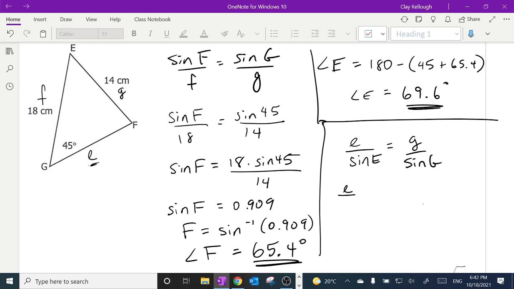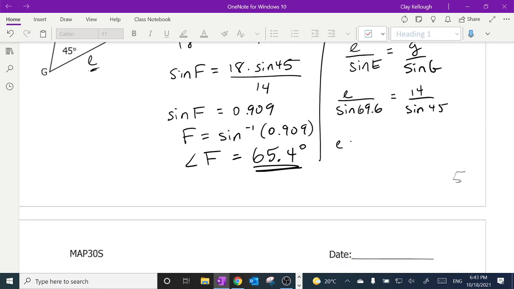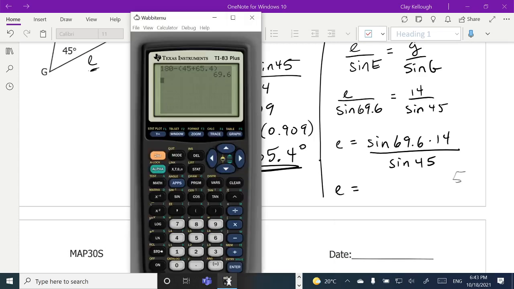So that's E over the sine of the angle we just found, 69.6, equals 14 over the sine of 45. And that's going to work out to cross multiply sine of 69.6 times 14 all over the sine of 45. And E is equal to, we punch buttons like trained monkey.